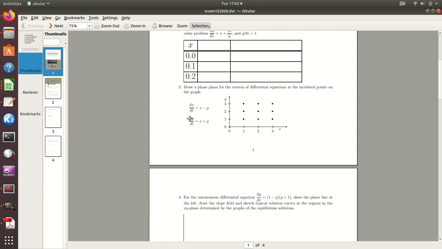Phase plane again. The idea here is at each point I can get my dx dt and my dy dt, in which case my slope is dy dt over dx dt, and I can just draw a line with that slope. Once again, the question is, do we know what we're looking at when we see dx dt equals x minus y?